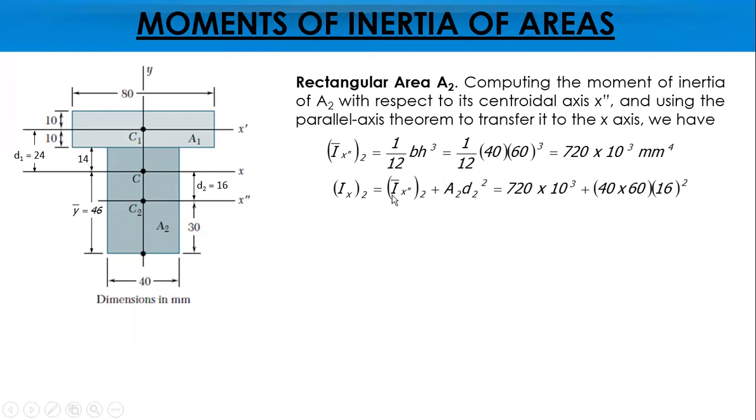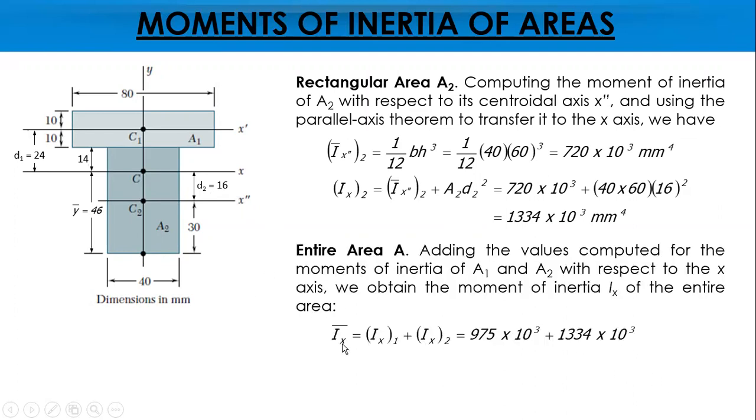This one, centroidal 720 times 10 to the power of 3, plus area 2, 40 times 60, times D2 squared. And then we add the results for element 1 and element 2. The total moment of inertia with respect to the centroidal axis of the composite figure is 2.31 times 10 to the 6. Okay.